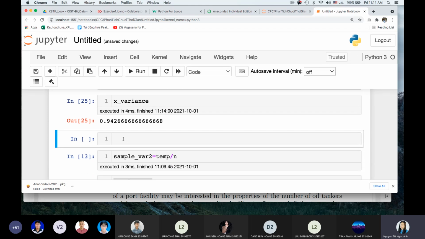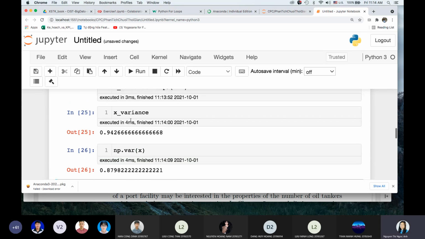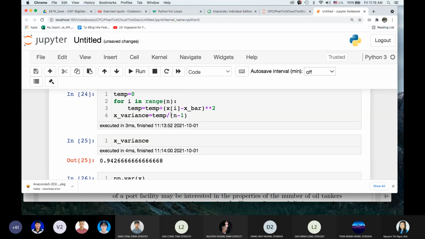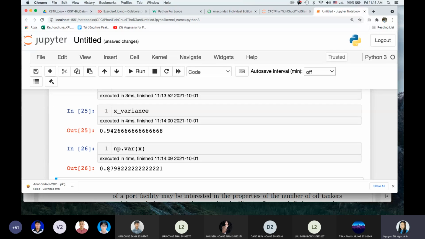Now we check the numpy variance of x. You see that here, the way we divide by n minus 1, we have 0.94, and here it's 0.87982. And you see that the variance that follows the formula and the variance of the numpy function are different.